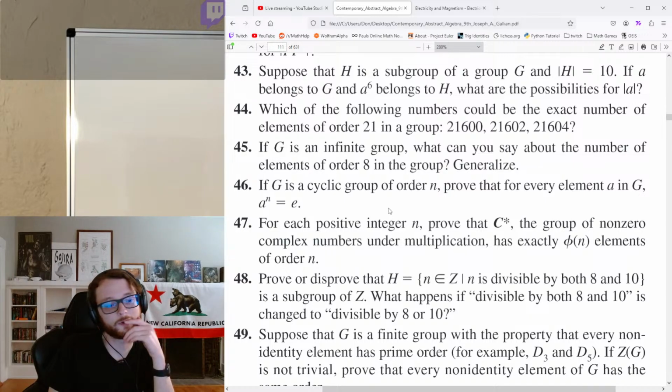So what's your order 3 complex number? That seems like an important thing to figure out.